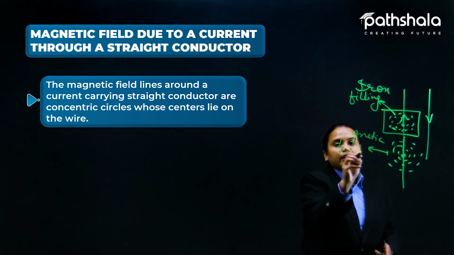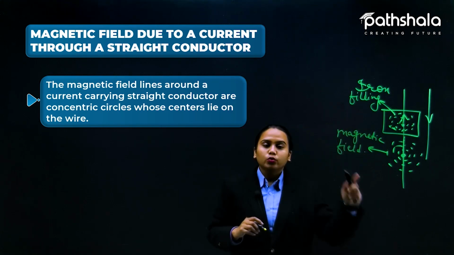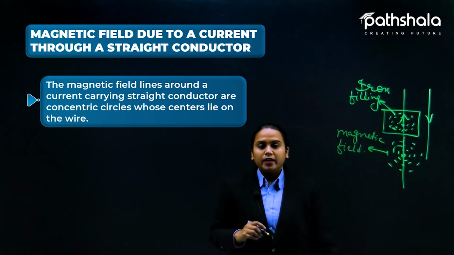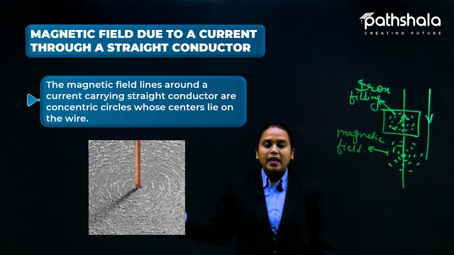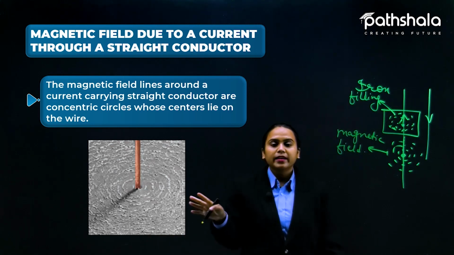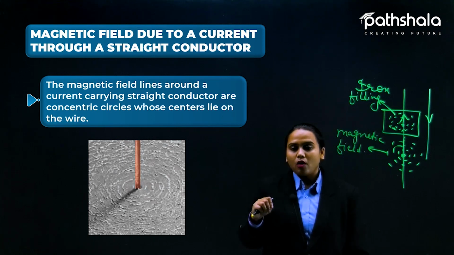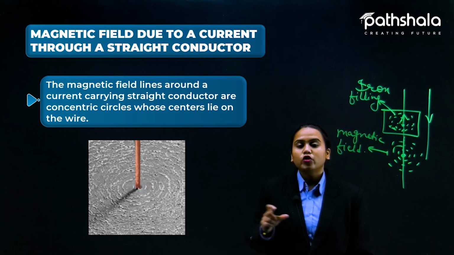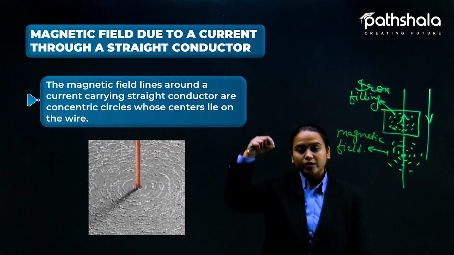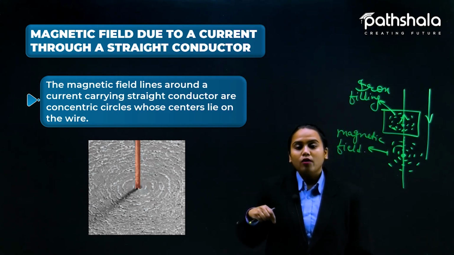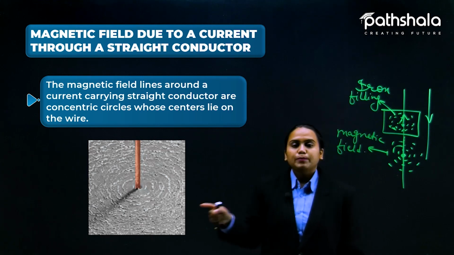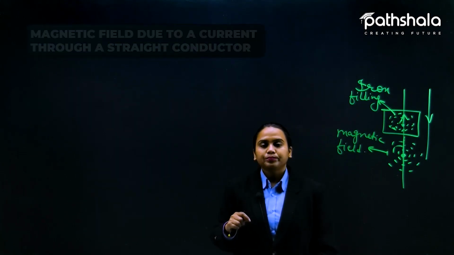So these are the magnetic fields generated due to the straight conductor. As you can see, this is the practically done experiment, and this is the real picture of the iron filings that have made themselves into concentric circles, and this is the wire which is going through the center of the cardboard. So this picture is showing you the results.